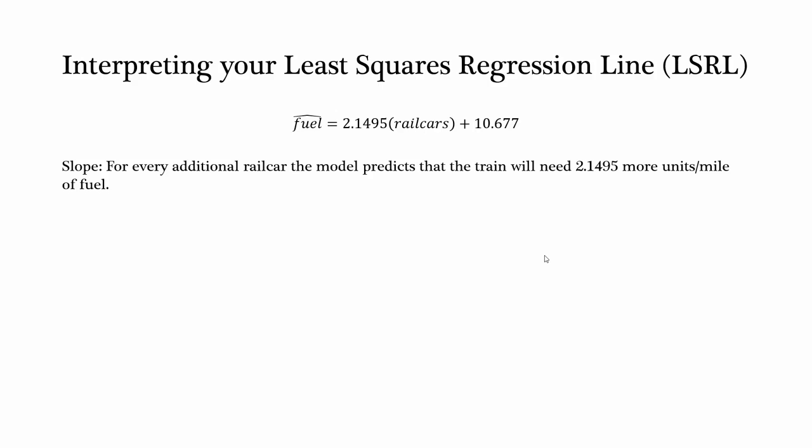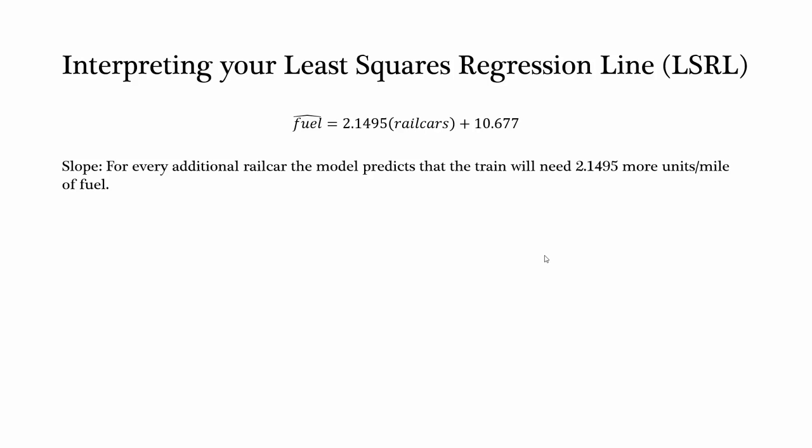Let's talk about what the slope and the y-intercept actually mean. My slope in this case is 2.1495 over 1. But what are the units on my slope? The units on the slope will be the units for the response divided by the units for the explanatory variable.